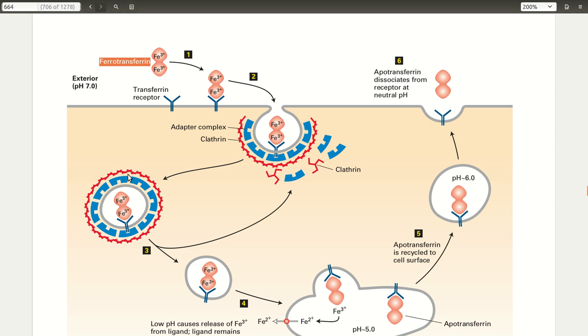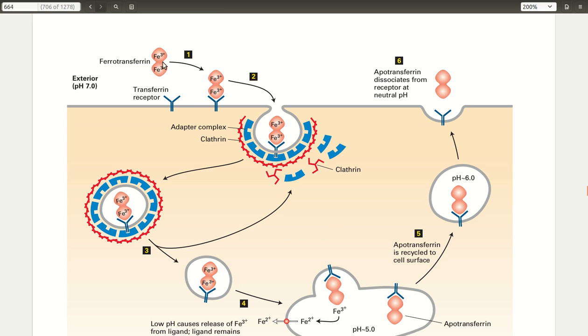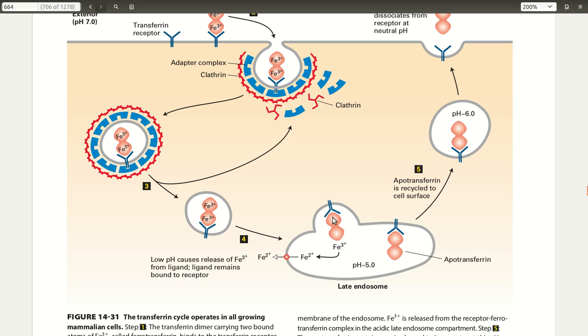Then the clathrin and AP2 complex is shed, and once inside the late endosome, the ferrotransferrin will release the iron ions, and the iron ions become reduced from Fe3+ to Fe2+.